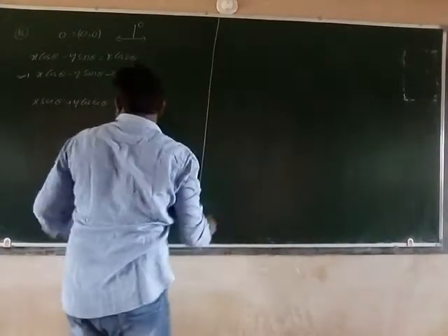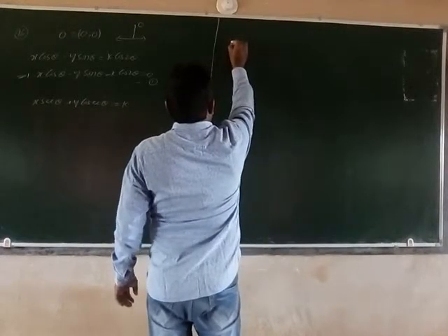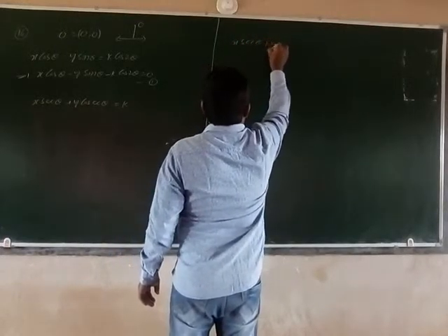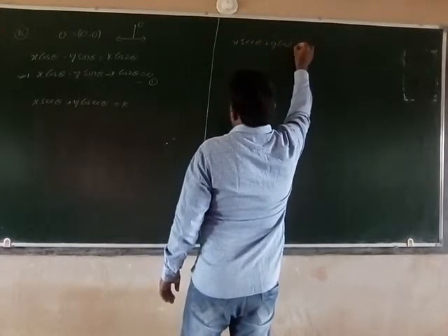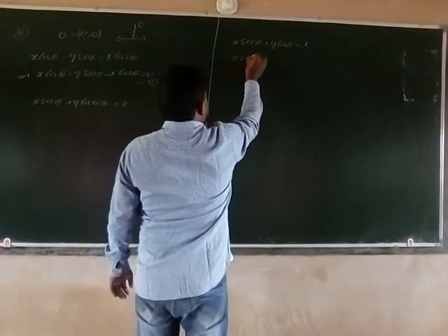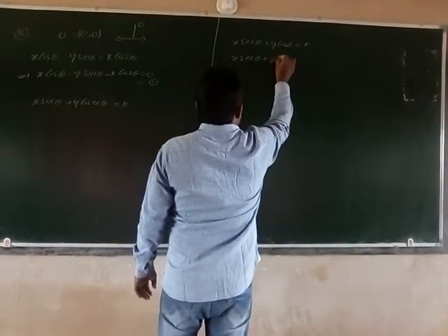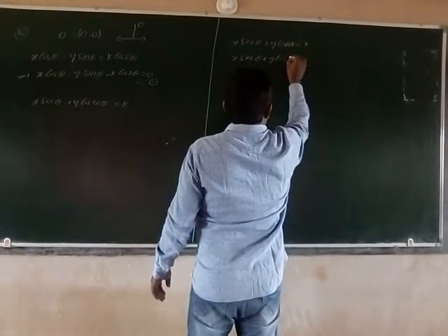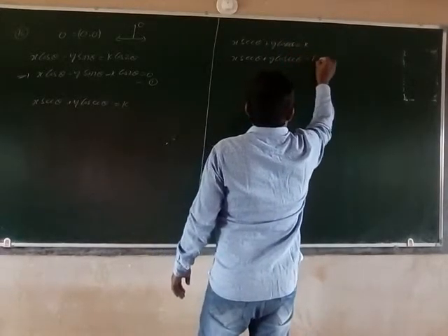Next, the remaining equation is x secant theta plus y cosecant theta equals k, so x secant theta plus y cosecant theta minus k is equal to 0.